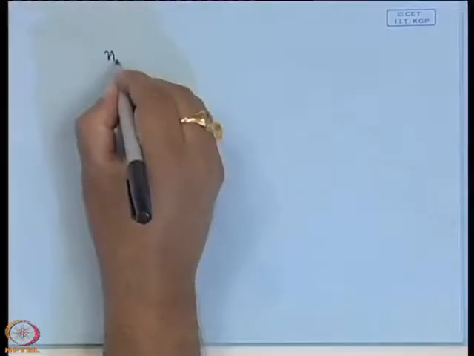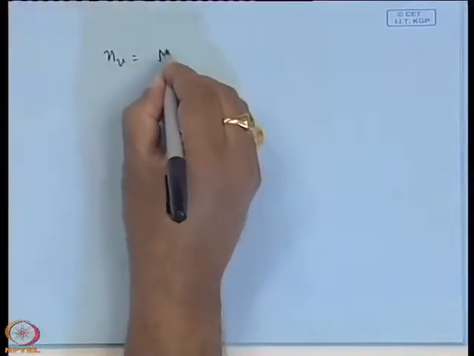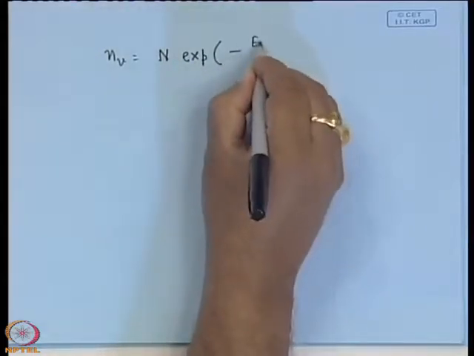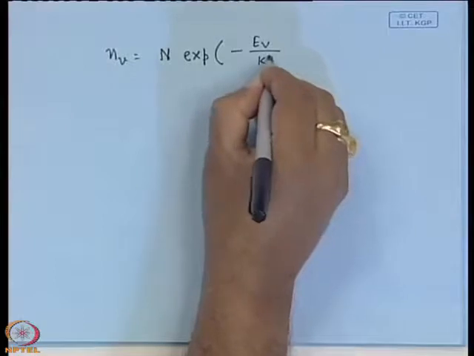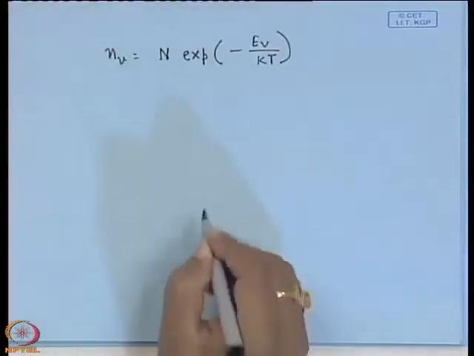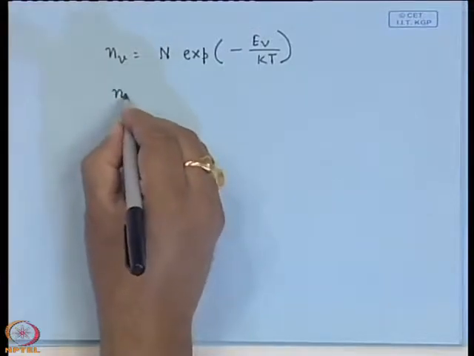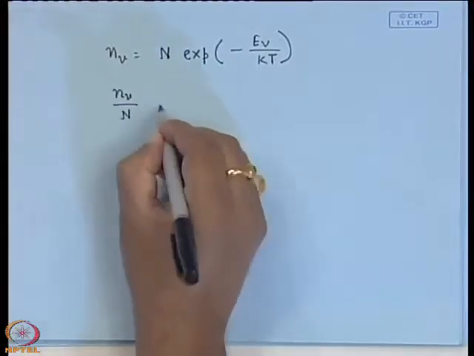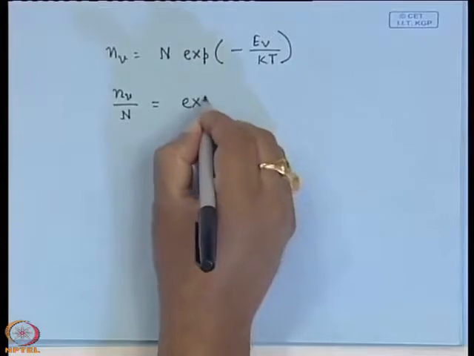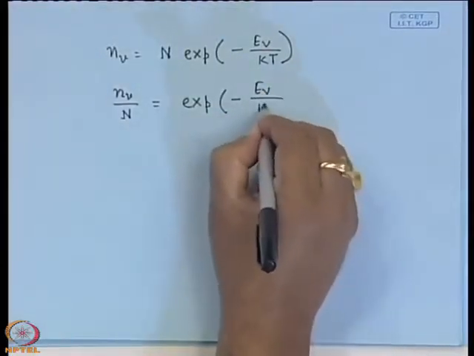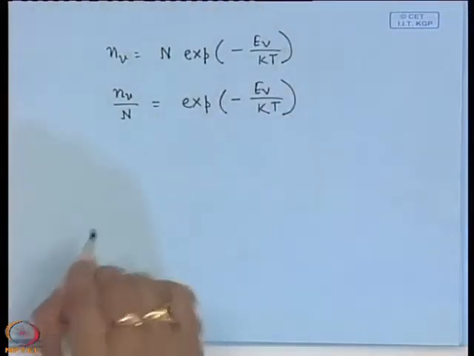Nv is given by n exponential minus Ev by kT. First is the fractional concentration of vacancy, Nv by n, which equals exponential minus Ev by kT.